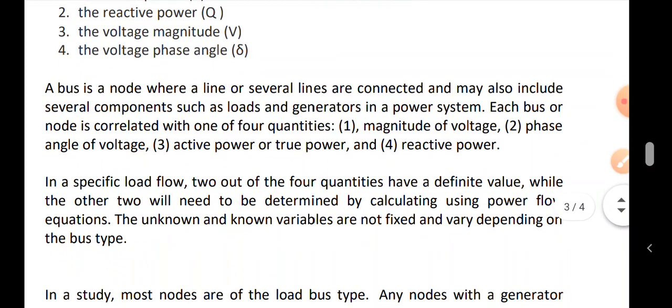I have already told you that each bus or node has four quantities, that is P, Q, V and delta.